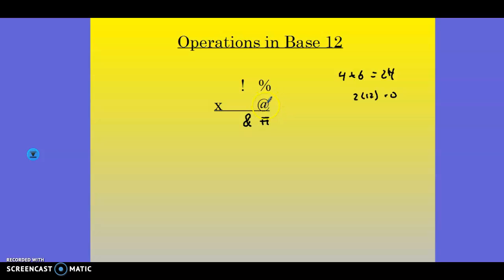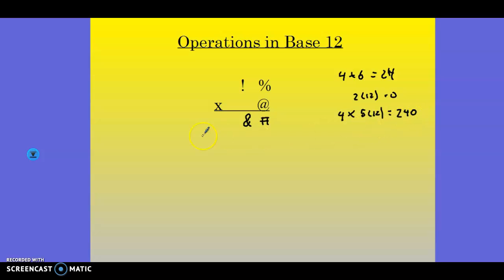And then you're going to multiply the at, which is again the 4, but now you're multiplying it with this 5 in the 12s column. So you're not multiplying it with 5, you're multiplying it with 5 12s or 60. And 4 times 5 12s is 240.